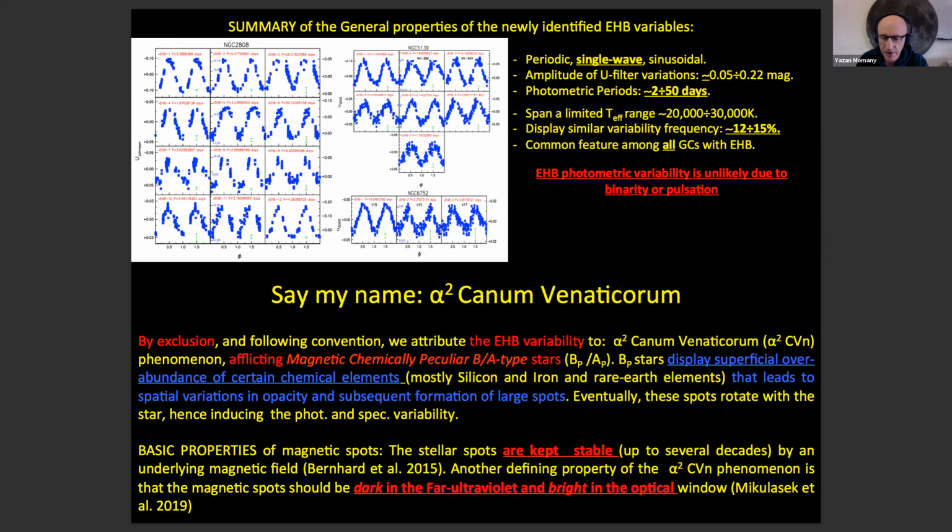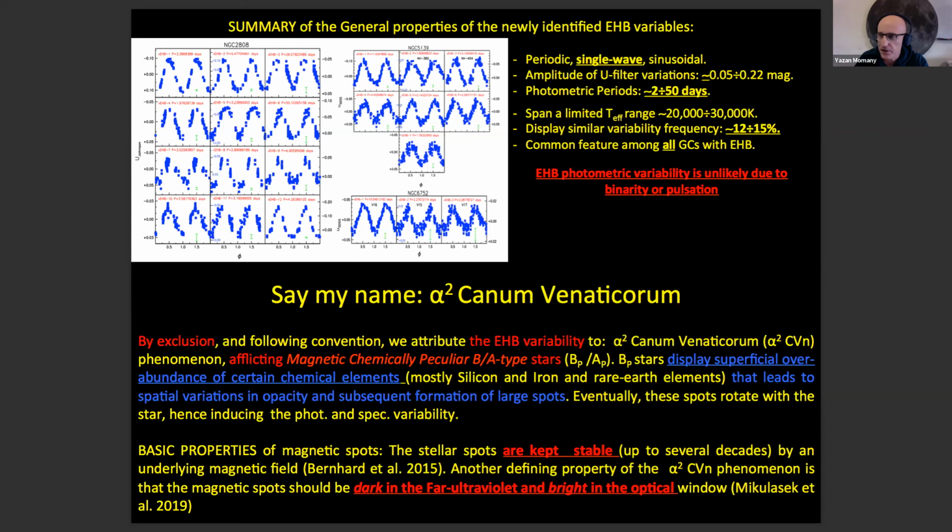Now, having excluded pulsation and binarity, we end up by exclusion invoking that the variability is to be labeled as alpha-2 Canum Venaticorum, which is basically due to stellar spots that reflect the presence of inhomogeneities on the surface of the star, either enhancement or depletion of certain elements. And as the star is rotating, the projection of which comes into the line of sight of the observer.